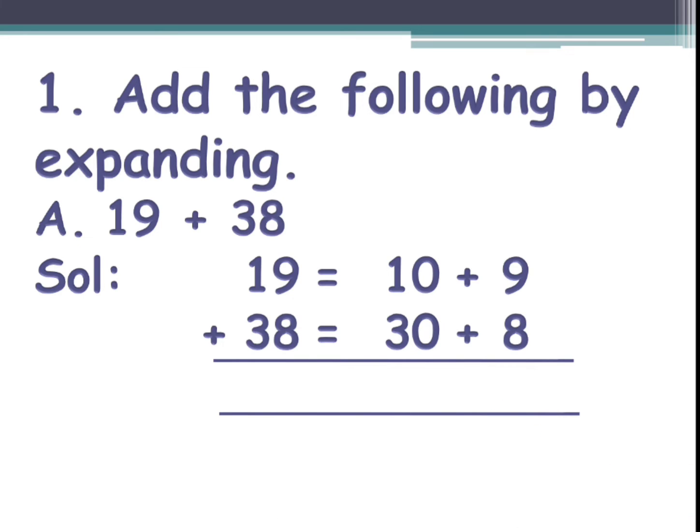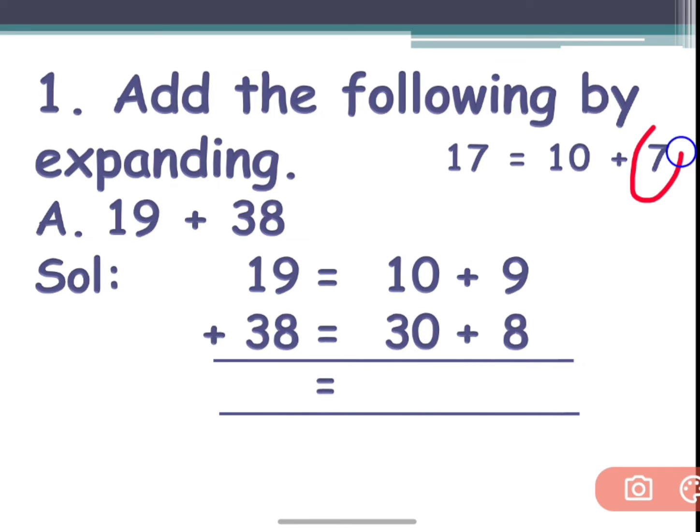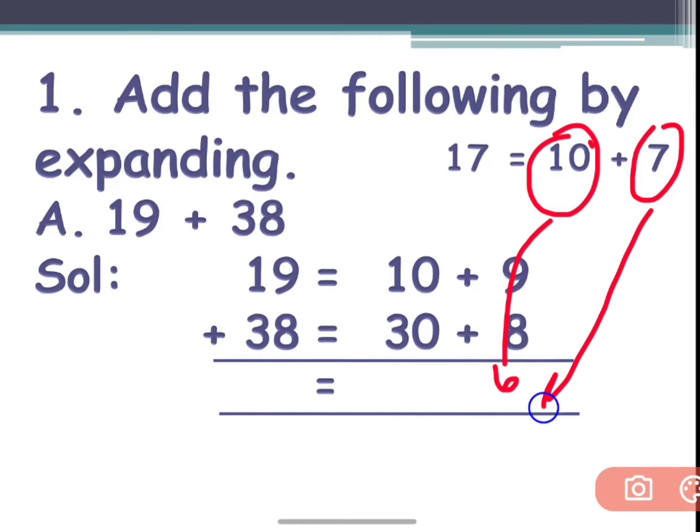If you expand 17, since we are expanding and adding, it becomes 10 plus 7. So this is your ones and this is your tens. This tens we cannot write here in ones place. Only ones we need to write.